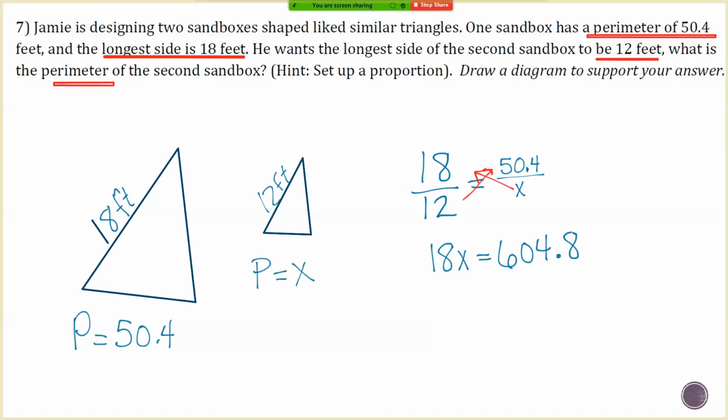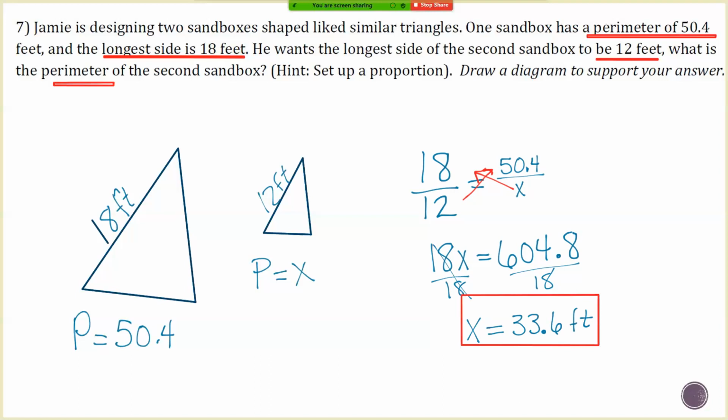Then we're going to divide both sides by 18 to get x by itself. So x, which is the perimeter of the little triangle, must be 33.6 feet. So the perimeter of the second sandbox is going to be 33.6.